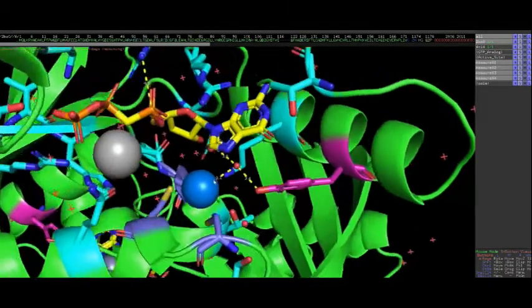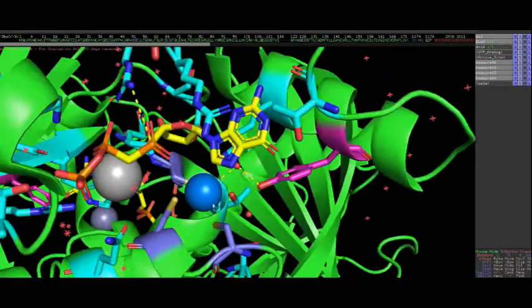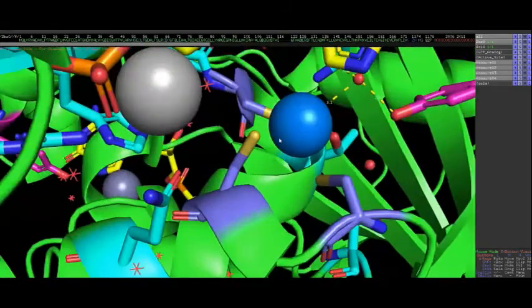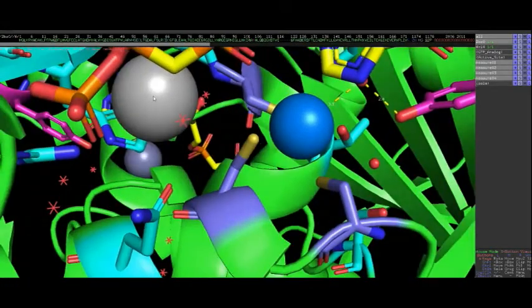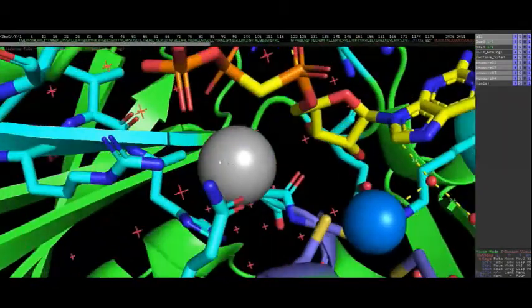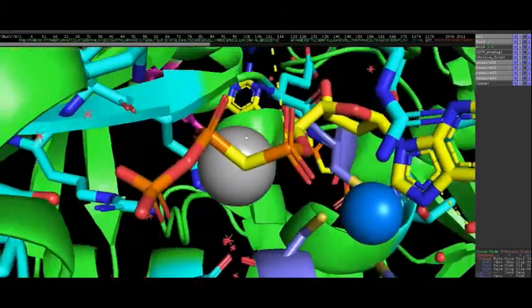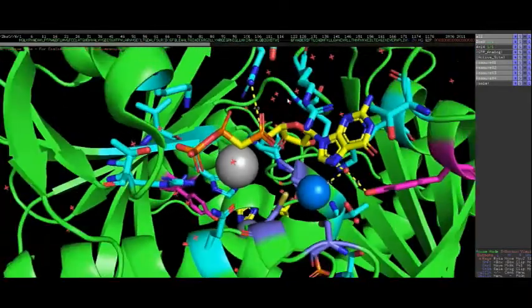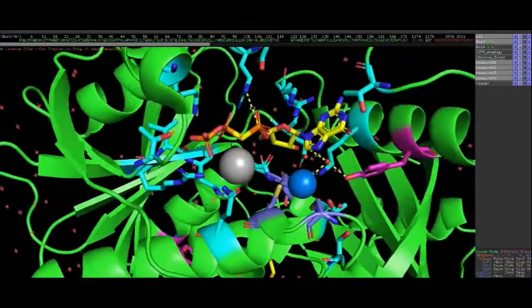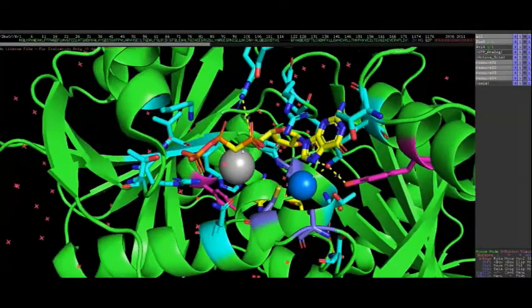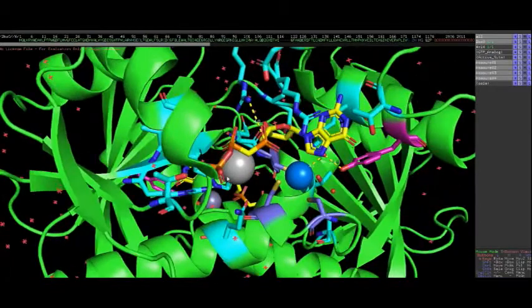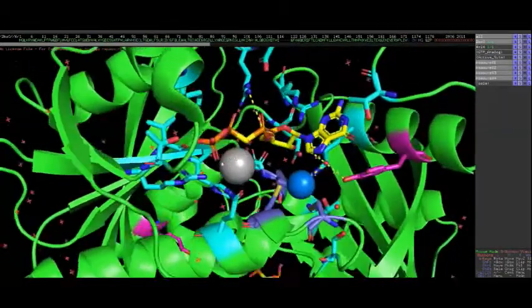And so I also have here, you can see these cysteines that are in the purplish color holding that zinc in there. We have a magnesium coordinating with our phosphates up here, which is pretty common for phosphates to be sitting there with a magnesium.